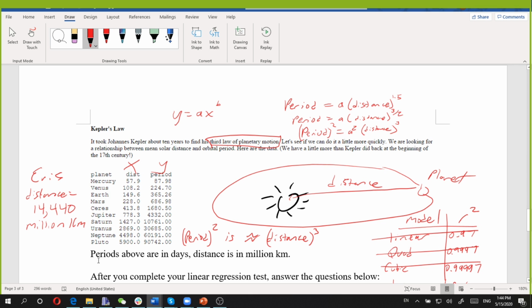Okay, I'm going to open to anyone. Why is it that it's not okay to use our power model to figure out the time it takes Ares to revolve around the sun, even though it is okay for all of these other planets?